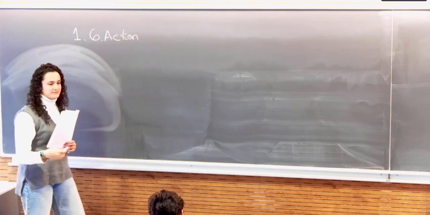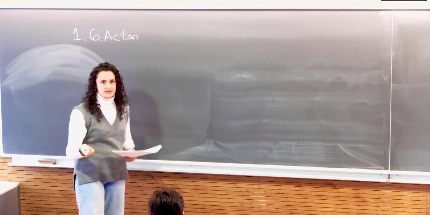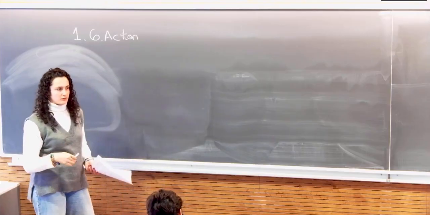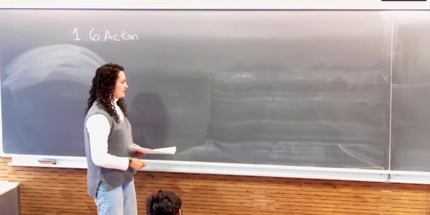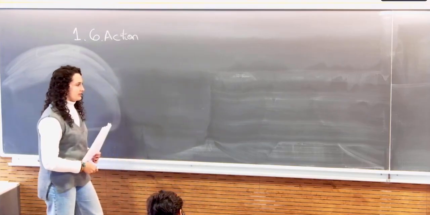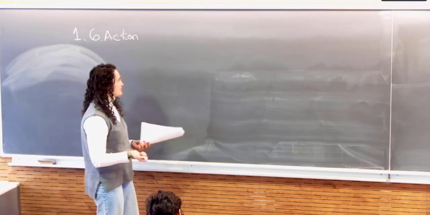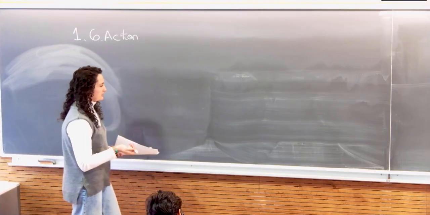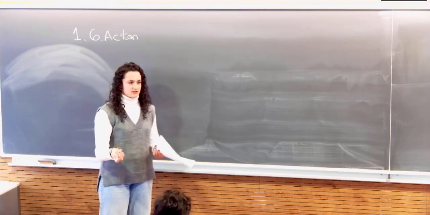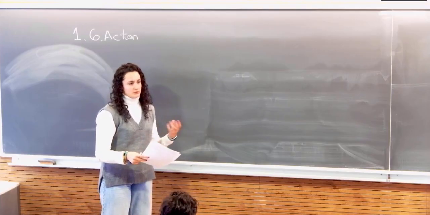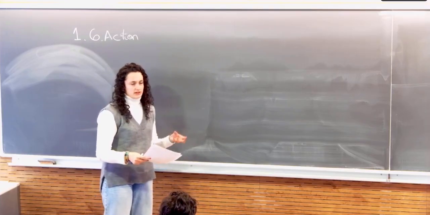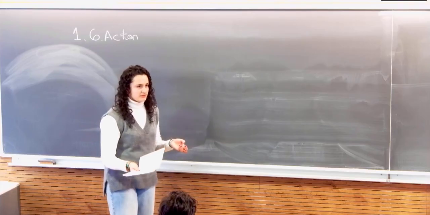Before showing the definition of an action of the groupoid over a manifold, let's think about reasonable expectations. If we want to exploit the structure of a groupoid, then every element of the groupoid is going to be able to act on any element of the manifold.